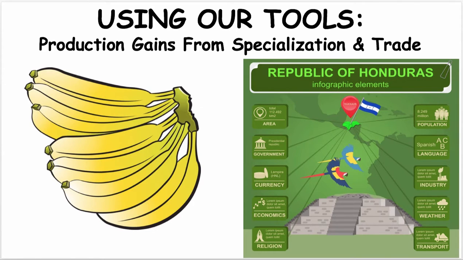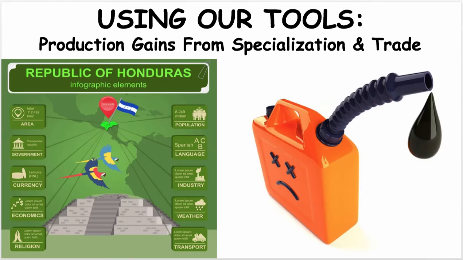I know that bananas and crude oil might not be very palatable, but they're going to be useful. First of all, let's consider Honduras. Honduras happens to be a wonderful place for growing bananas. The climate is just right. They have the right rainfall, the right nutrients in the soil. So, a certain number of workers using a certain amount of resources in Honduras can produce a large amount of bananas.